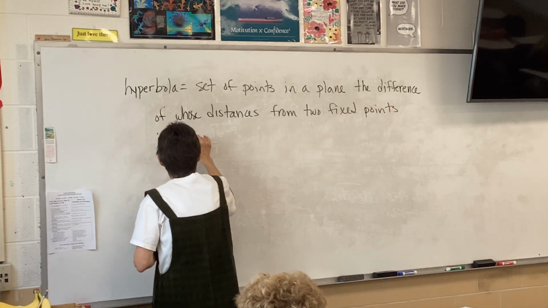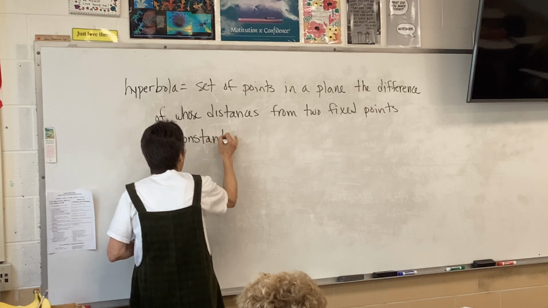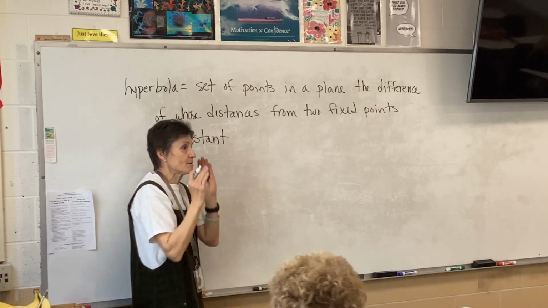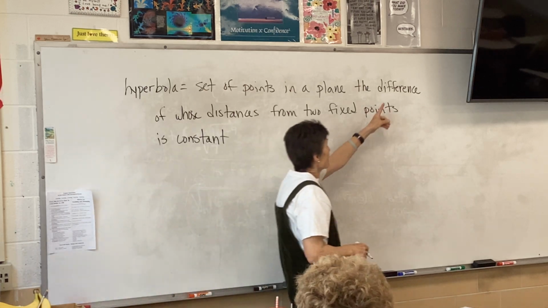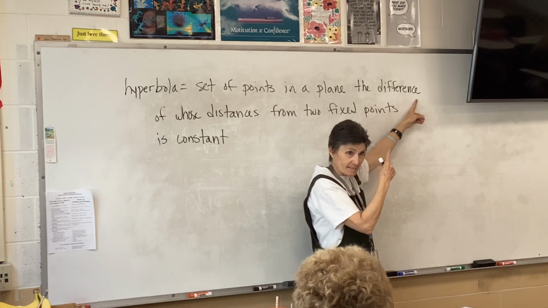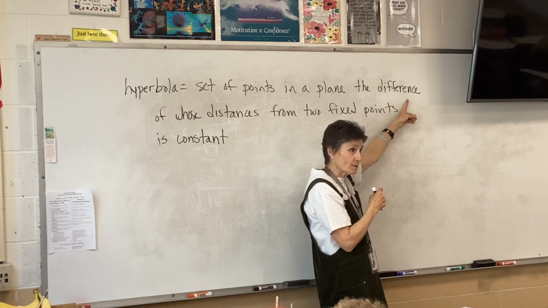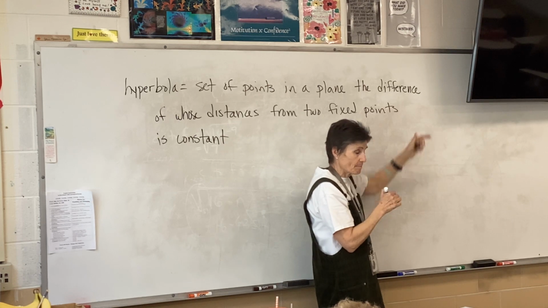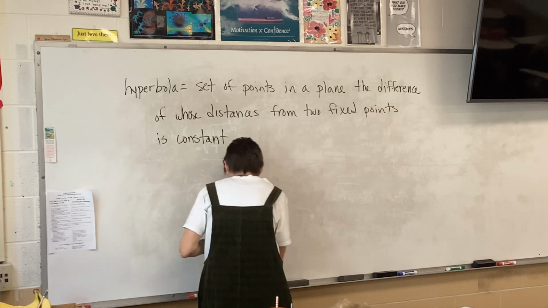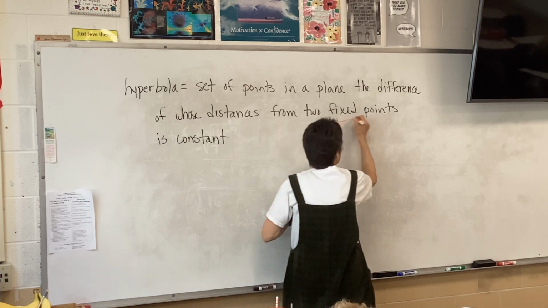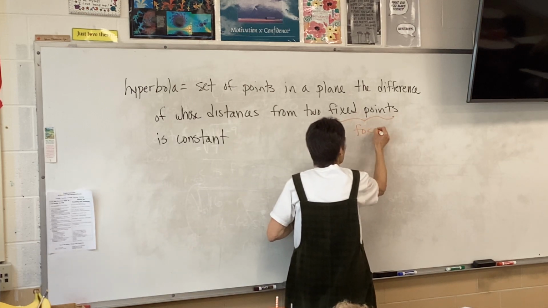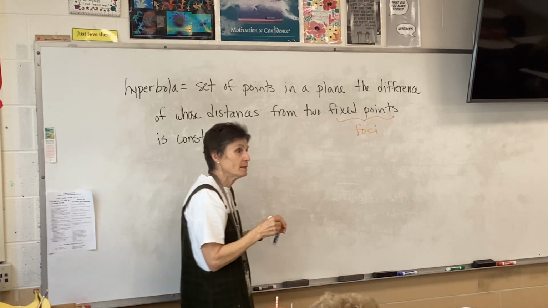So these two definitions are exactly the same, except an ellipse, that's a sum, and a hyperbola, that word is a difference. These two fixed points are still called the foci, just like they are with an ellipse.